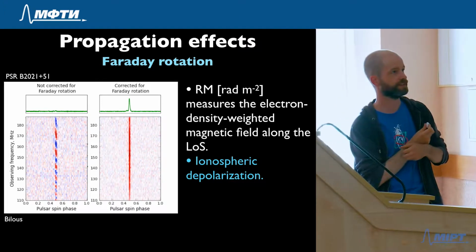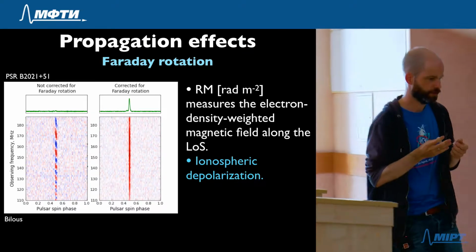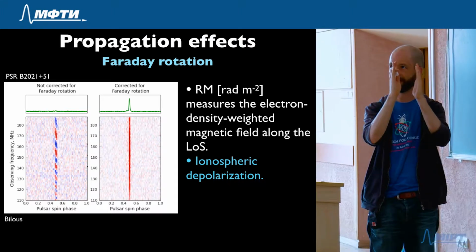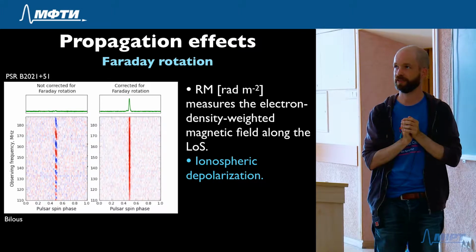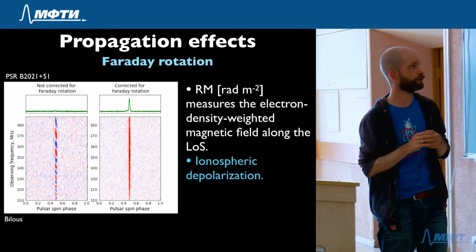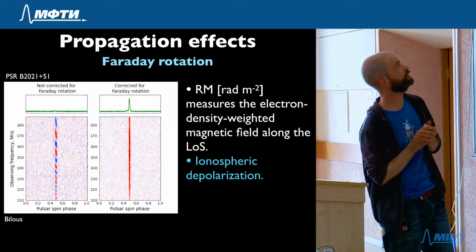It's a magnetized ionized medium, and I think everyone is familiar with that electromagnetic wave can have a polarization. You could describe this in a circular basis, for instance, that there's a right and a left polarization to the signal.